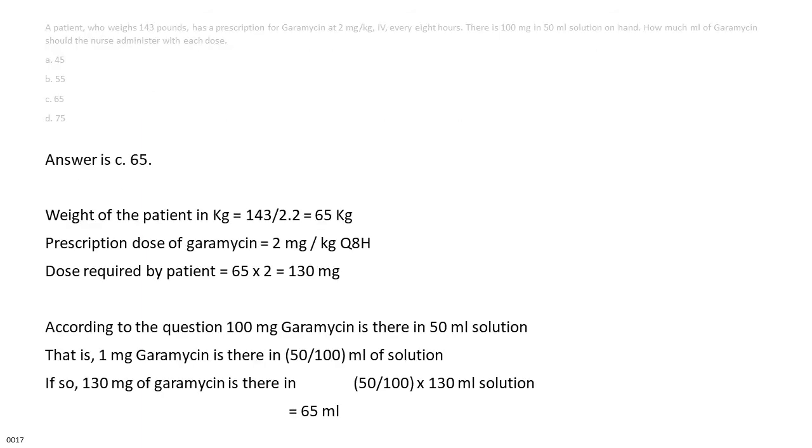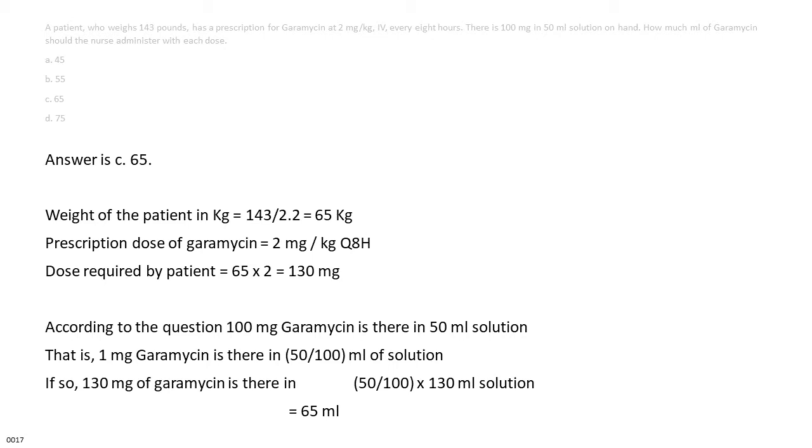Answer is C. 65. Weight of the patient in kg equals 143 over 2.2 equals 65 kg. Prescription dose of gentamicin equals 2 mg per kg, 8 hourly. Dose required by patient equals 65 times 2 equals 130 mg.